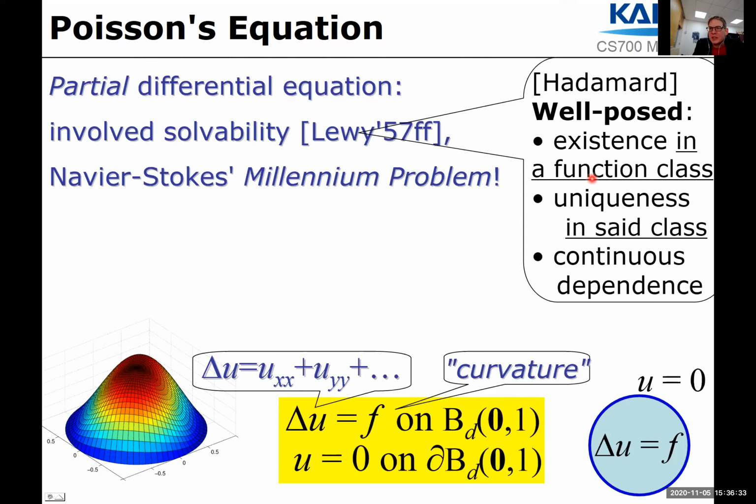And the third condition is that the solution should depend continuously on the data, being here, for example, the right-hand side. So if we perturb the right-hand side a little bit, then intuitively the solution should also vary a little bit. But what does it mean to vary a little bit? That, of course, depends crucially on which function class we're talking about.